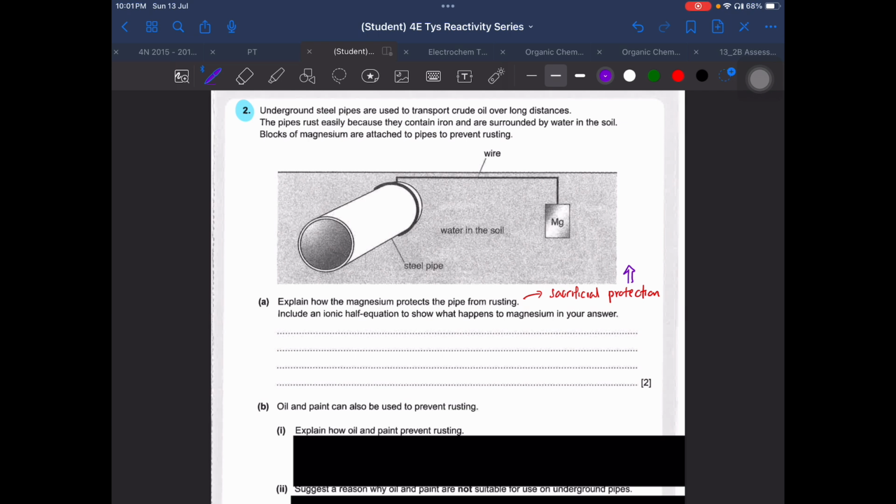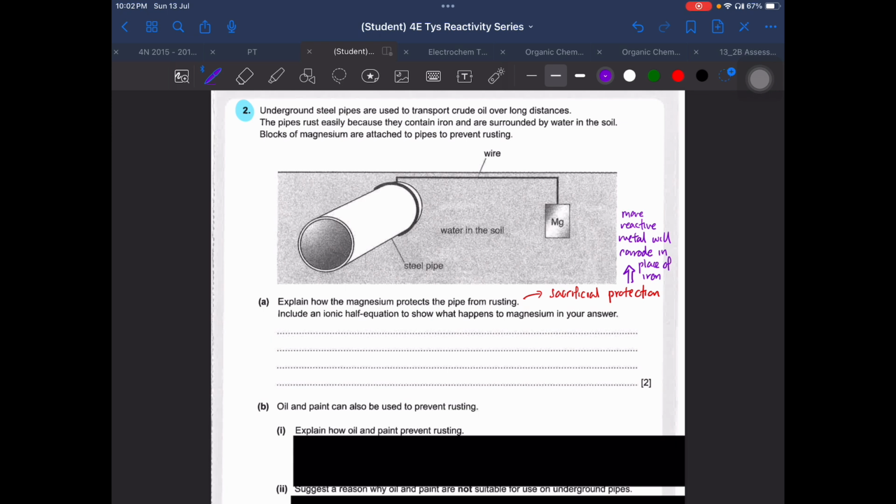In sacrificial protection, we use a more reactive metal, and the metal will actually corrode, that means react with the air as well as water, in place of the iron, or in this case the iron that's present within the steel. This prevents the iron from rusting.